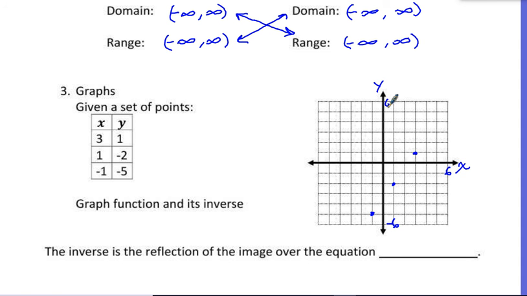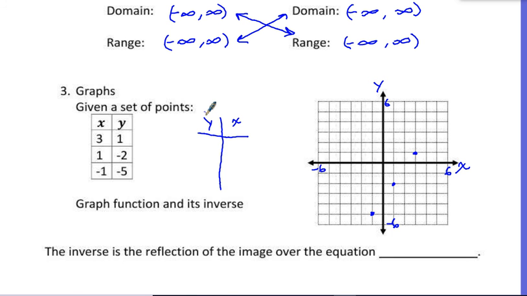Go ahead and put a scale so that we know we're counting by ones. I've labeled the x and y axis. I've plotted my points. We are good to go. Graph the function. We've just done that, and now its inverse. So before we switched x and y's. So now my table is going to be y, x.